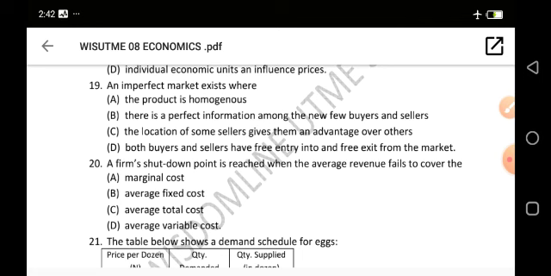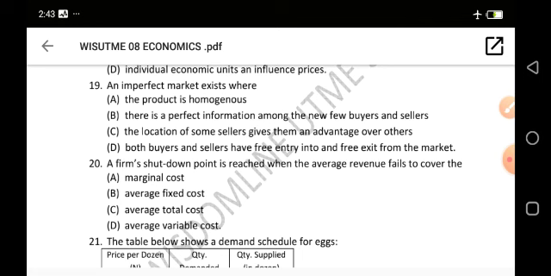It says average revenue falls to cover: A, marginal cost, B, average fixed cost, C, average total cost, and D, average variable cost. Average variable cost is the cost of raw materials. So the answer to that question is D.